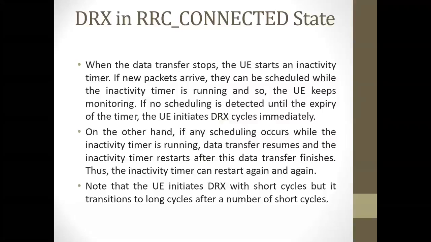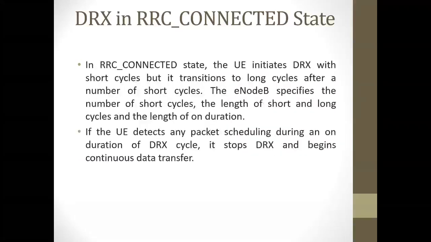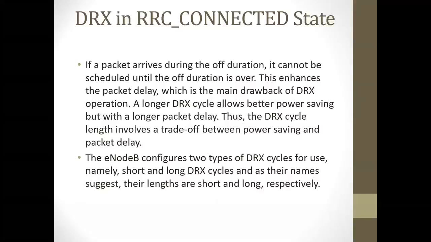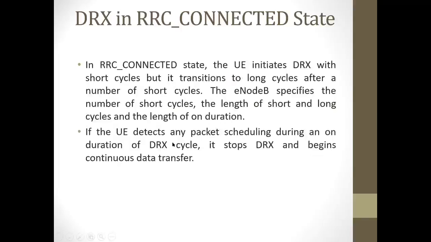If the DRX cycle is made too long, then there can be delay in packet transfer, because a packet may be waiting for you, but the network has to wait until you again switch on. So that causes packet delay. On the other hand, a longer DRX cycle can be more power saving. So there's a trade-off between power saving and packet delay.